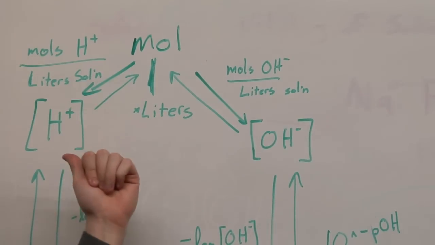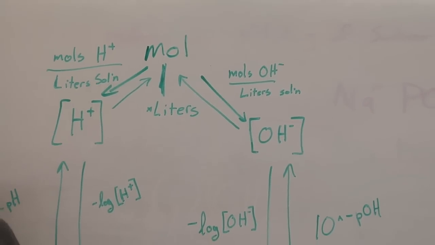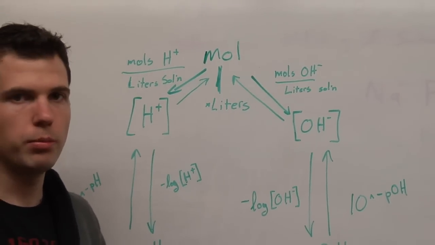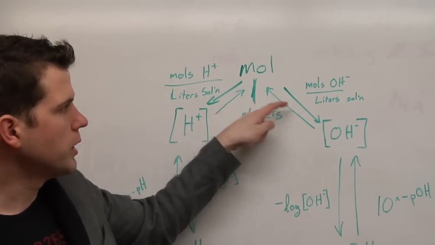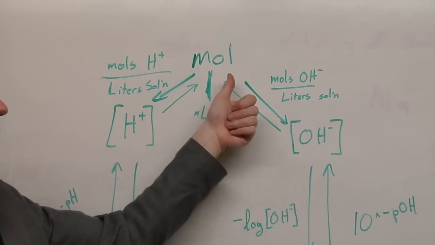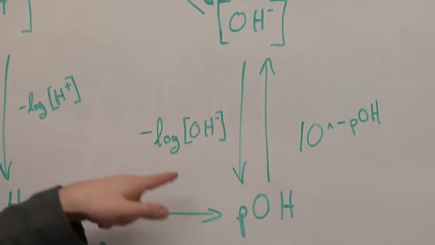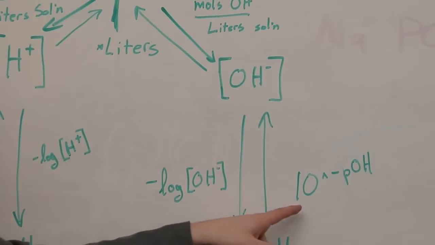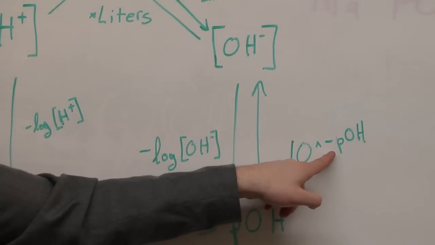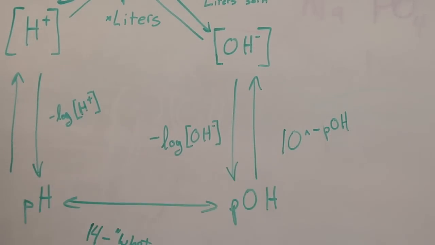If you're on the left-hand side, it will always be focusing on pure hydrogen. Well, not hydrogen gas like H2, but hydrogen ions. So if you're going down, you divide by liters, up you multiply by liters. On this bridge, if you're going down, you take the negative log. If you're going up, you do the anti-log, which is 10 raised to the negative. And you always take whatever you're starting as the input for that particular mathematical idea.